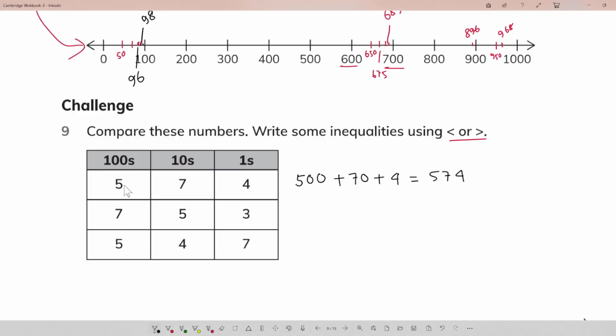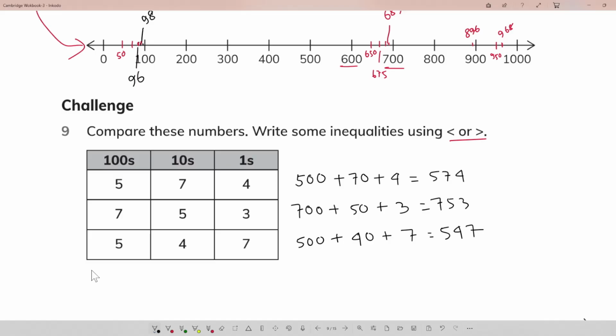Next one, 7 hundreds plus 5 tens, it's 50, and 3 ones is 3. So we can write 753. And 5 hundreds, again 500, plus 4 tens, it means 40, plus 7 ones is 7. So here is 547.